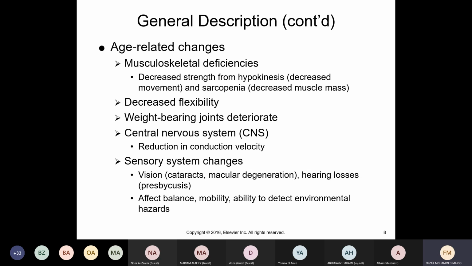Is there anything else? Any other joints you can think of? The hips, maybe? Hips are also weight bearing. Good. Any other joint? The joints of the feet.